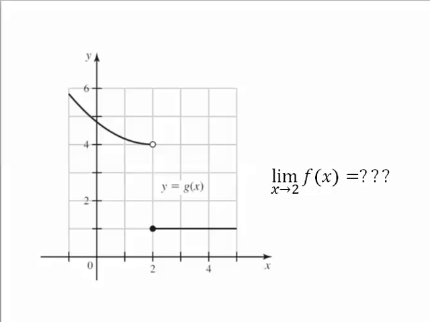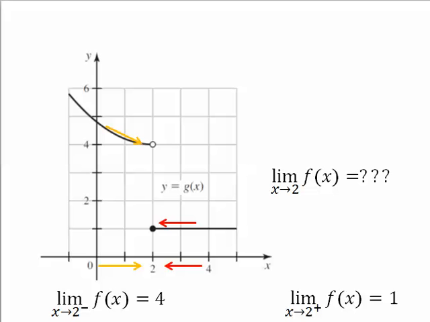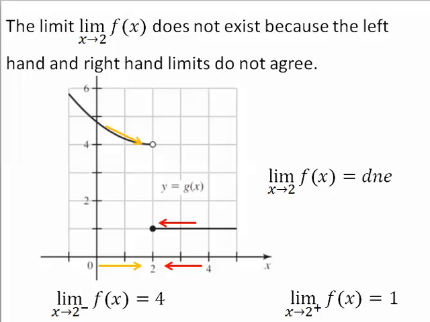What about this limit? As x approaches 2 from the left, the function is getting closer and closer to 4. As x approaches 2 from the right, the function is getting closer and closer to 1. The limit of f of x as x approaches 2 does not exist because the left hand and right hand limits do not agree.